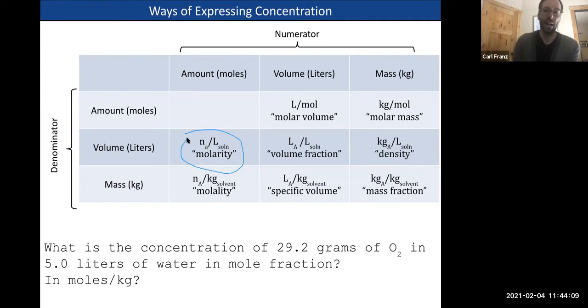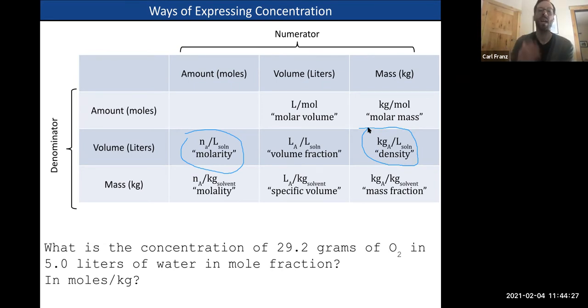If we're looking at, instead of moles, kilograms, that is density, right? Because what's density typically? Grams per milliliter. So if we just multiply that by 1,000, we get kilograms per liter, and so on and so forth.